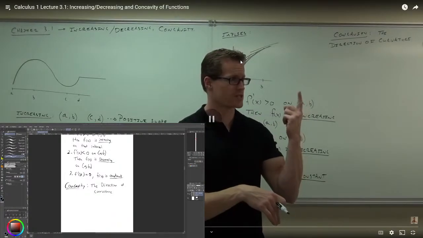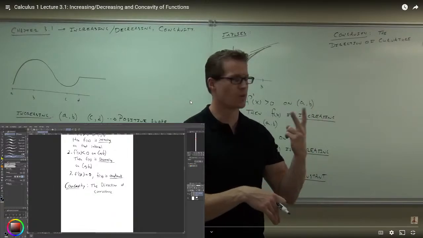First derivative gives you slope. Second derivative gives you how the slope is changing, a rate of change of the slope.